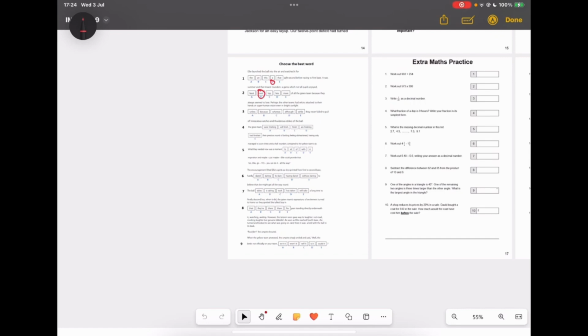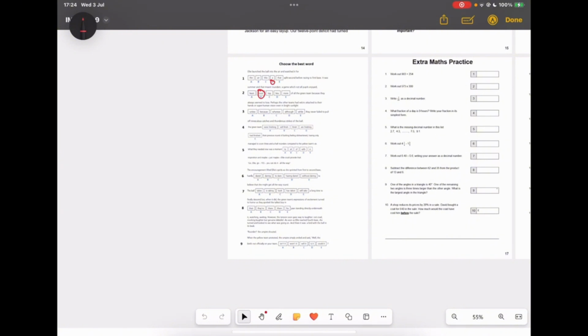Unless, because, whereas, although, while they never failed to pull off. So, for this one, first we need to look at who it's describing. Through the context, we know that it's talking about other teams.